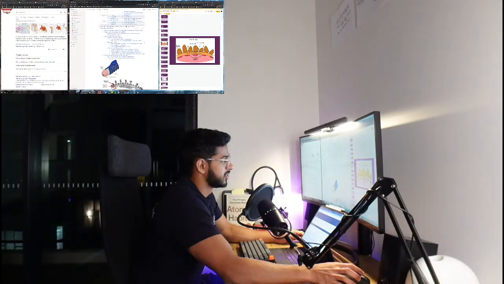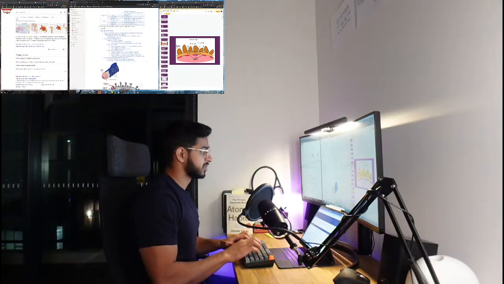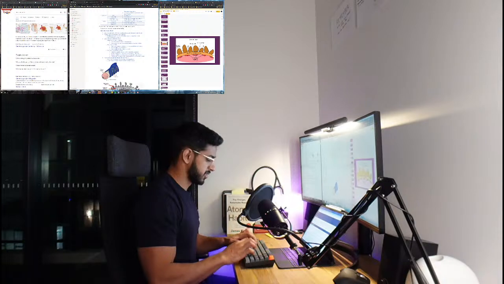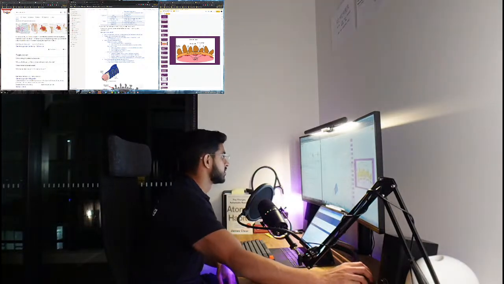Glomerulus plus Bowman's capsule plus afferent plus efferent arteriole is known as the renal corpuscle or Malpighian body. Okay.